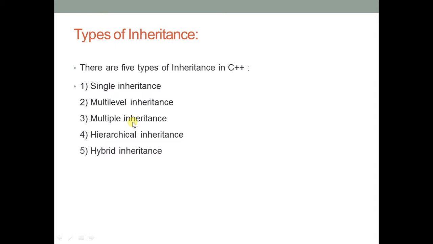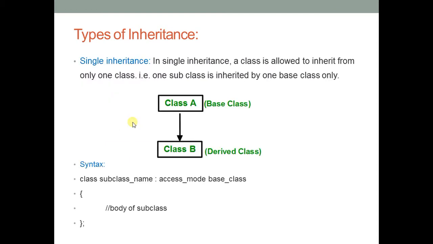So the first type is single inheritance. As you can see here, in single inheritance, a class is allowed to inherit from only one class.